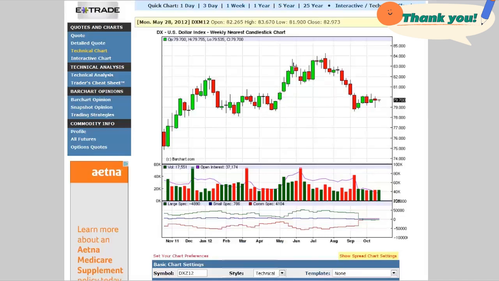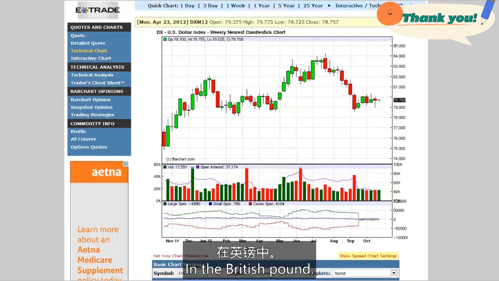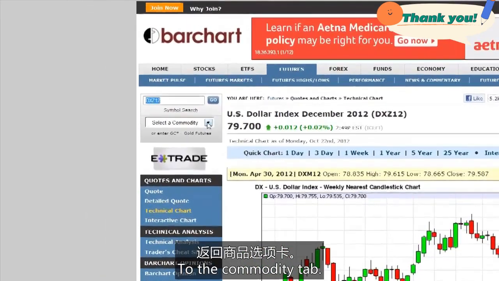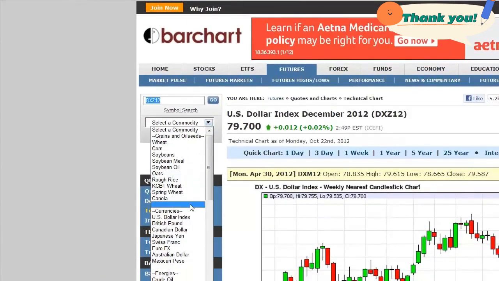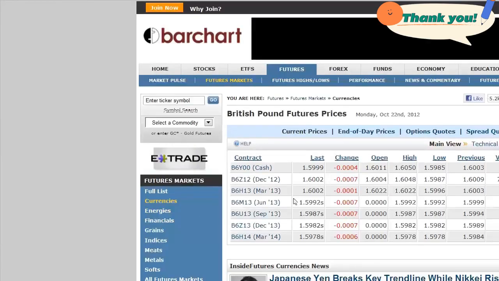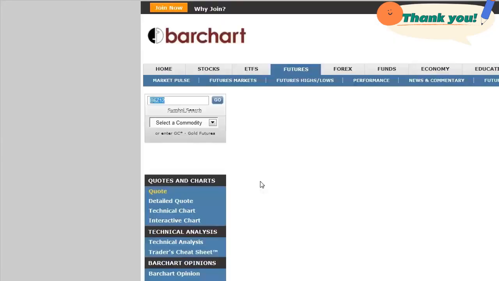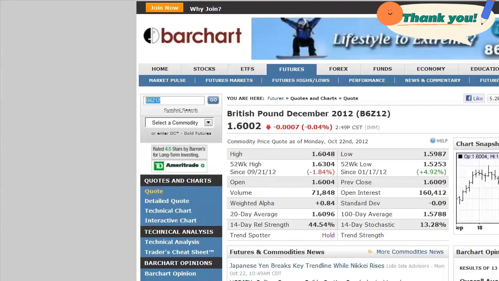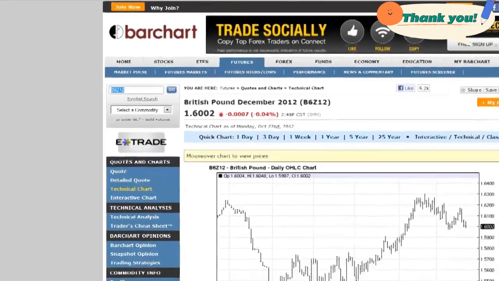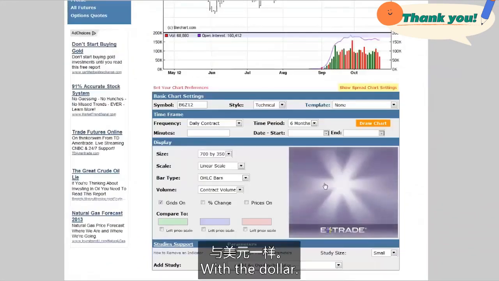Okay, so now let's look and see if we have that same thing occurring in the British pound at the same time frame in this year, in the spring. So let's go back to the commodity tab, and we're going to go into the British pound. I'm going to use the nearby contract, and click on your customize chart tab, and we're going to do the same thing we did with the dollar.